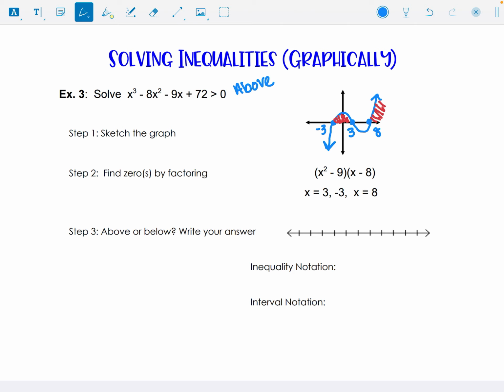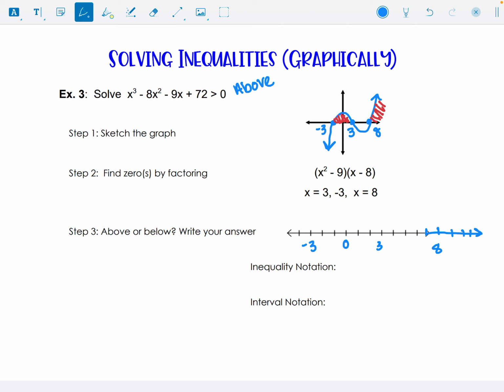So if I mark off those same numbers, kind of ran out of room on my number line. Okay, so there we go.